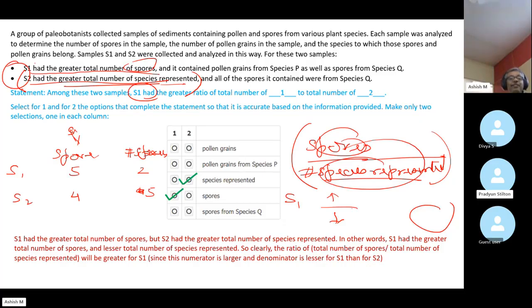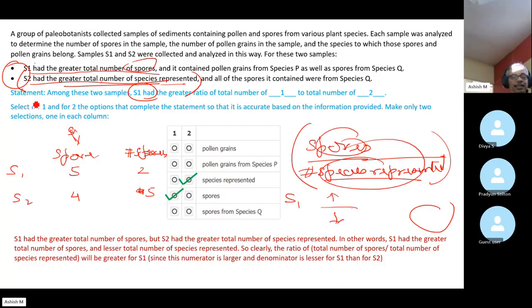No, yours is wrong, Pradyan. S1 had a greater number of spores. When we are analyzing two samples, it means S1 had a greater number of spores than S2 had. Guys, I'm just letting you know what Pradyun is saying.